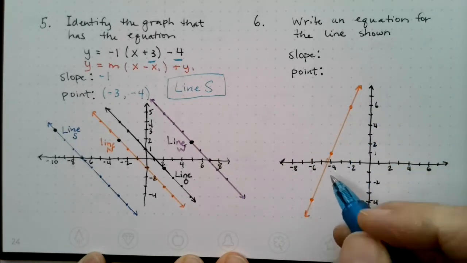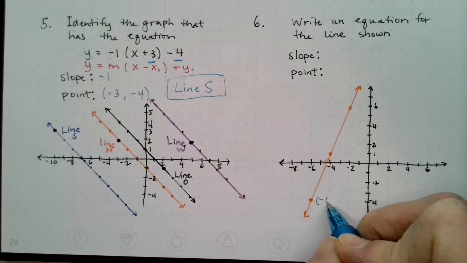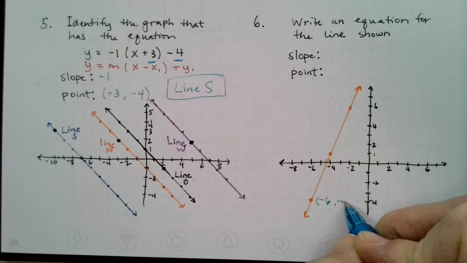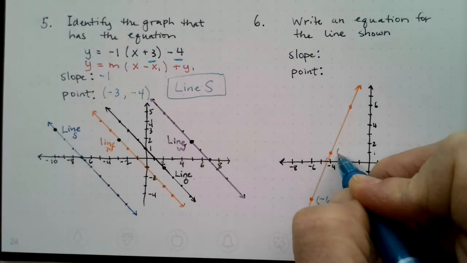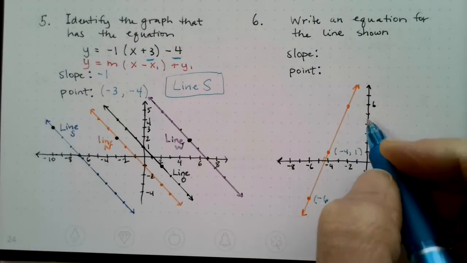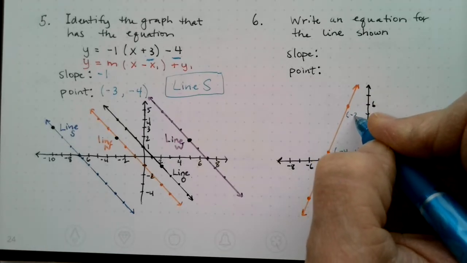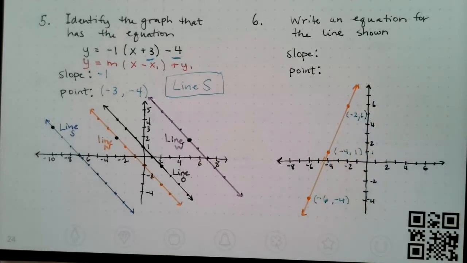So if I start here, I have a coordinate of -6, -4. This point right here is -4, +1, and this point right here is -2, 6. So those are the three coordinates that we're working with.